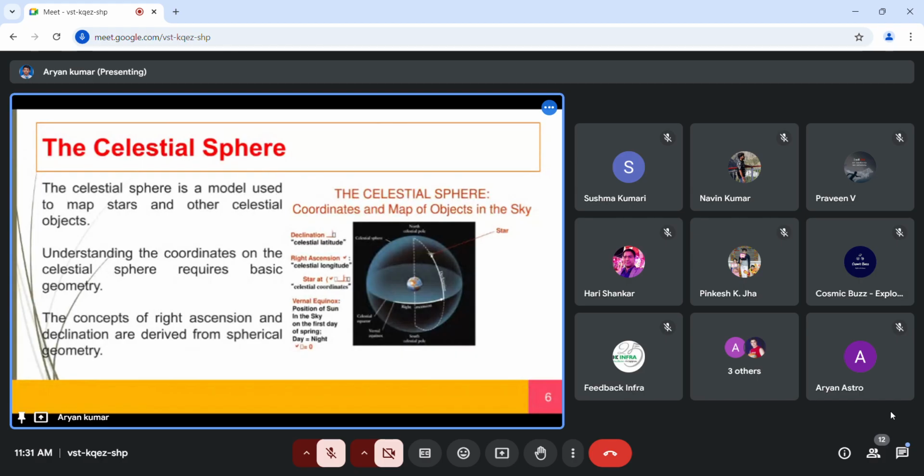So as you can see in the picture, there are many things like the vernal equinox, the position of the sun in the sky on the first day of spring. It is also known as the spring equinox.